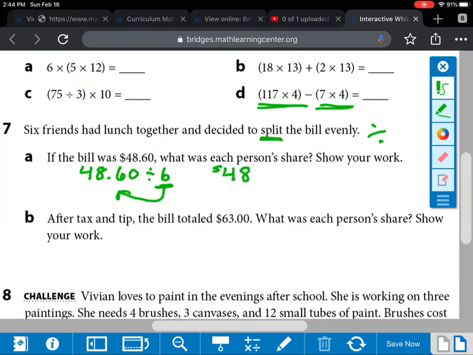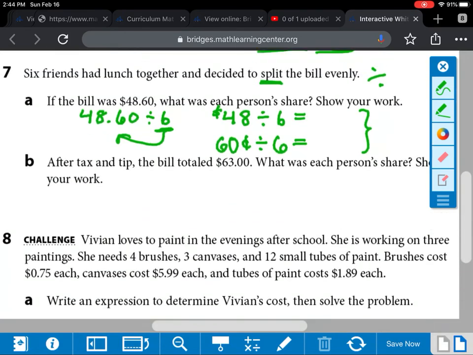So I can do $48 divided by 6, which is much easier, and I can do 60 cents divided by 6, which I think we can agree is much easier than doing both of those at the same time. And then I would just add my answers together when I did that division. So I'm thinking 6 times what gives me 48, and I'm thinking 6 times what gives me 60, remembering that those are separate dollars and cents.